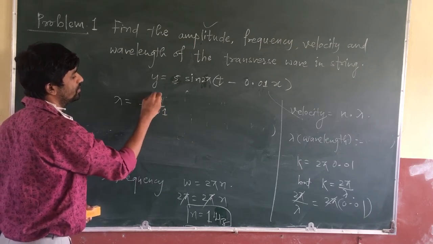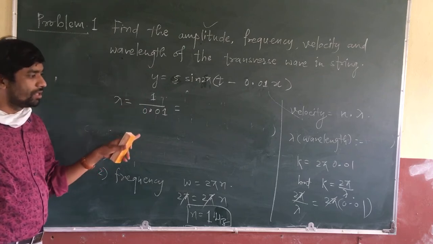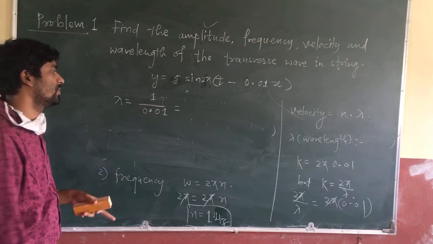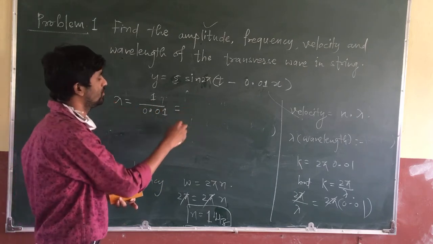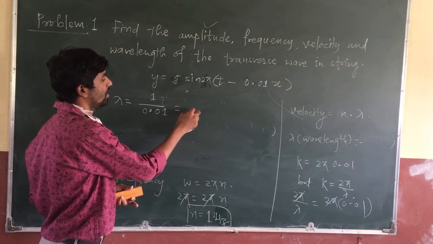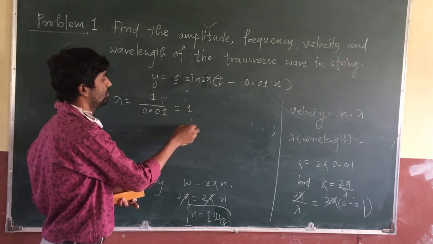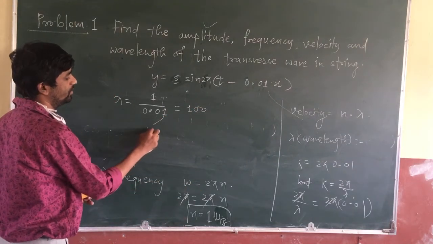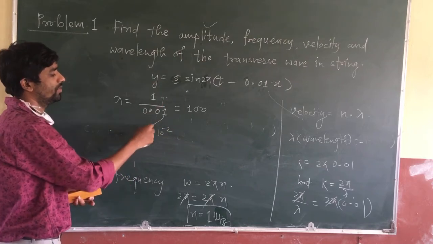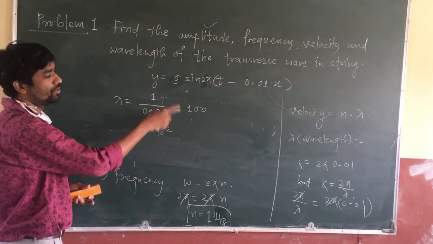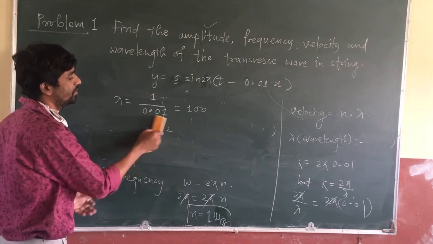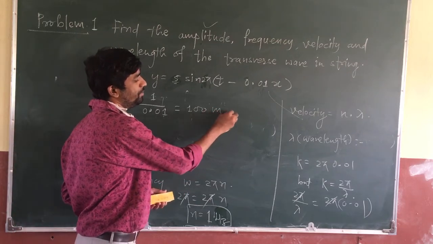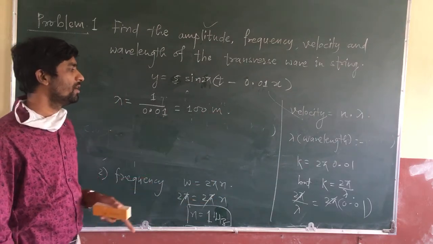If you solve this, this value is 1 upon 0.01, which equals 1 into 10 raised to the power minus 2 in the denominator. 10 to the power minus 2 goes upside and becomes plus, so this value equals 100. So what is the wavelength here? Wavelength equals 100 meter. Wavelength is a distance, measured in meters.